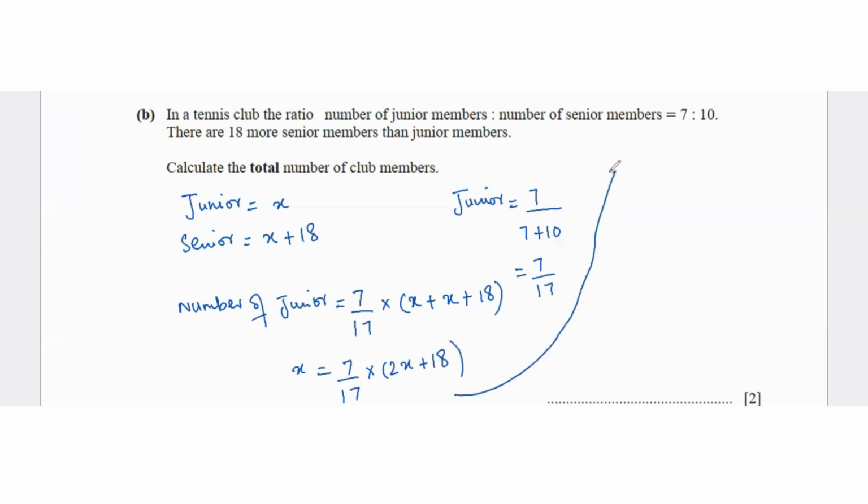So I'm going to take this working over here. 17x equals 14x plus 7 times 18, which is 126.